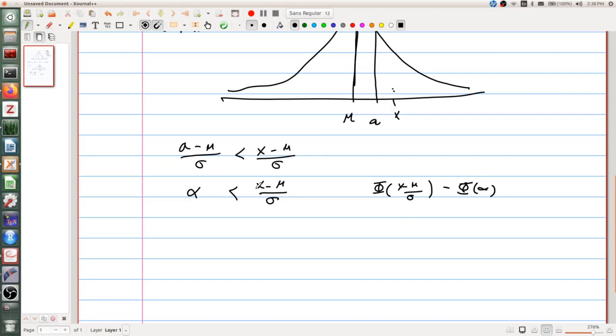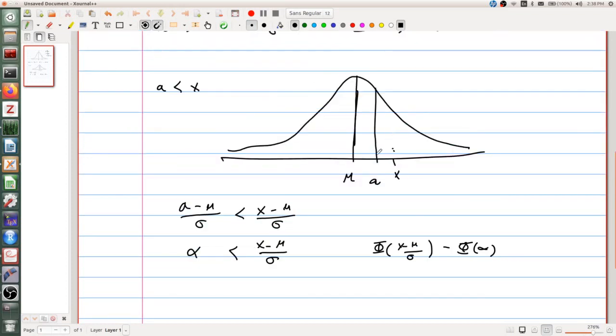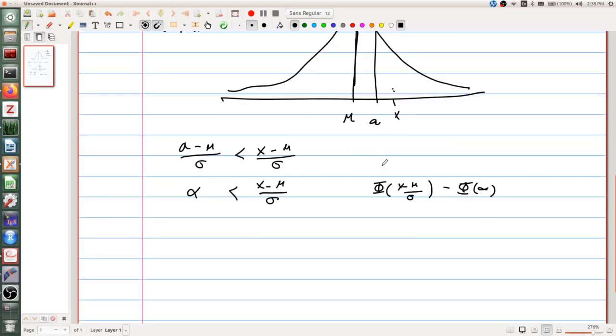You need to take away this phi of alpha because this distribution is only defined when x is greater than alpha. The phi gives you the integral from negative infinity up to x. But our negative infinity should be replaced by A, but that's what phi of x equals.